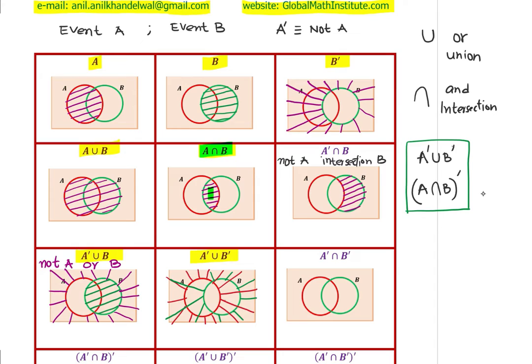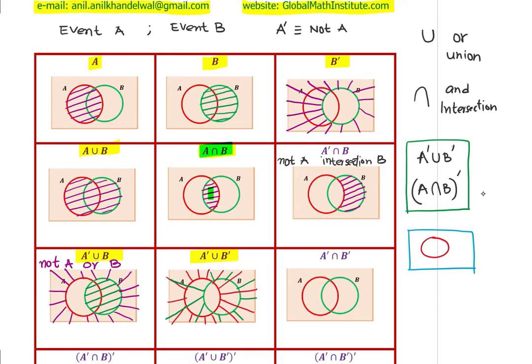What I'm trying to tell you is that when we have complements involved, we can simplify the understanding and could have also shaded in this way. In short, we could have done it like this, right? Let me shade this separately and show you how we could have done this even faster.